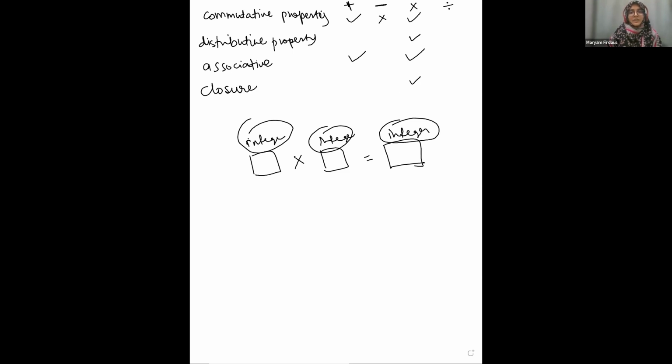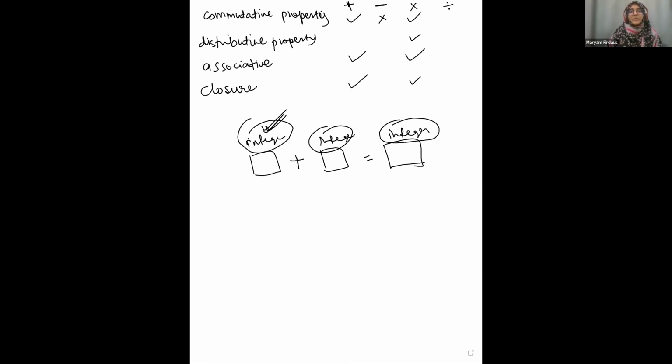What about addition? The sum of two integers is again an integer. So this is true for addition.